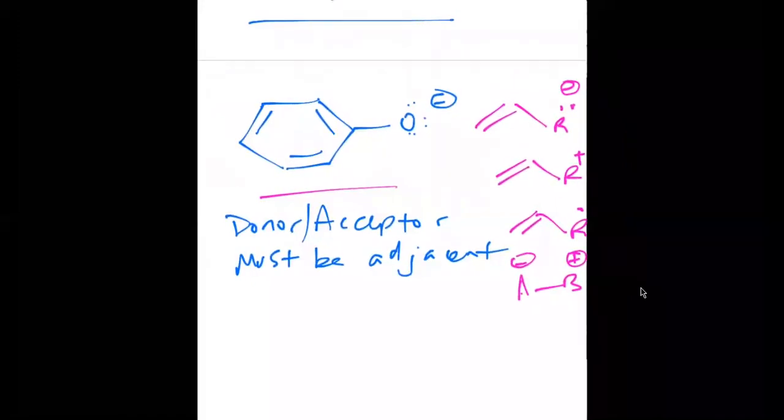Can you see them now? Yes. Right. Those are the only four patterns I'm going to be looking for to find out if a structure or molecule or a functional group is able to do resonance. So which pattern would this fall into?